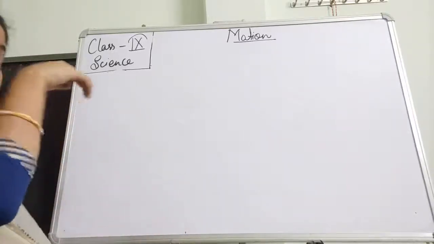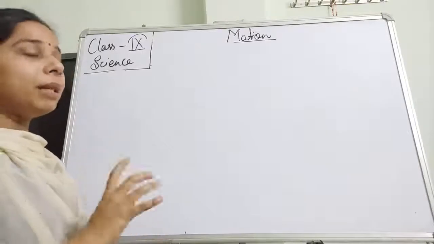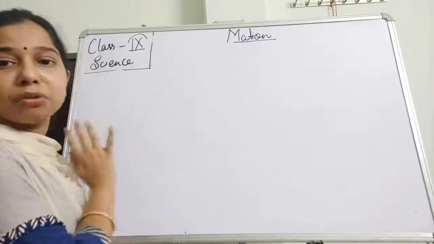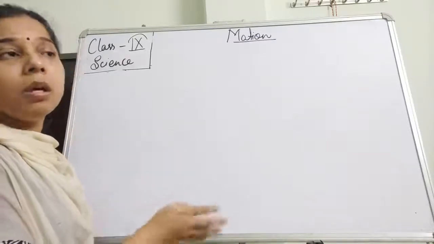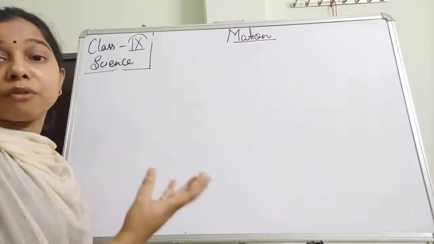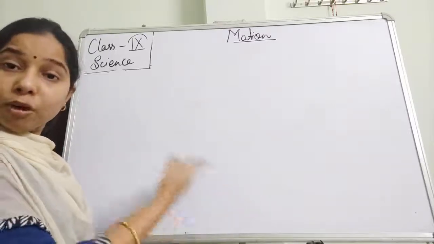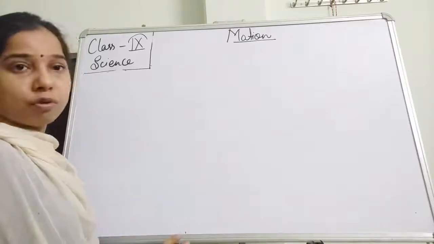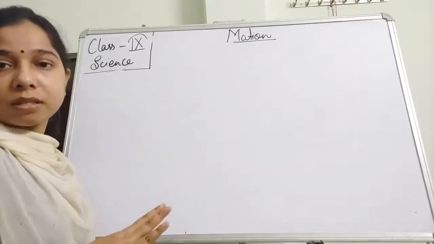But the most important thing is the numericals. Numericals will be related to the three equations of motion. Although numericals can also be asked related to distance or acceleration by the formulas that we have seen earlier in this chapter, these three equations of motion are very important, students.